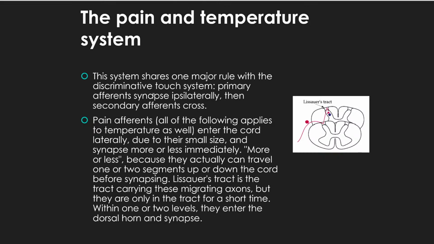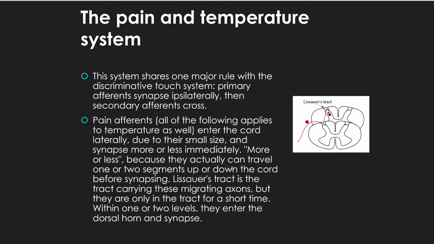This system, first of all, shares one major trait with discriminative touch: primary afferents synapse ipsilaterally, and only secondary afferents do cross. Pain afferents enter the cord laterally because of their small size, and synapse more or less immediately.